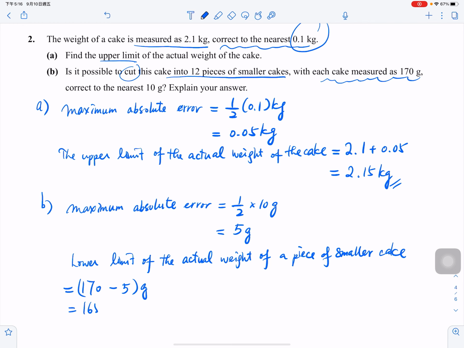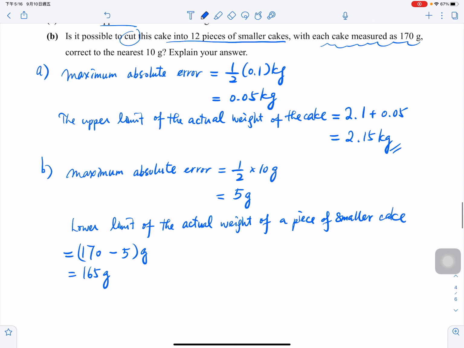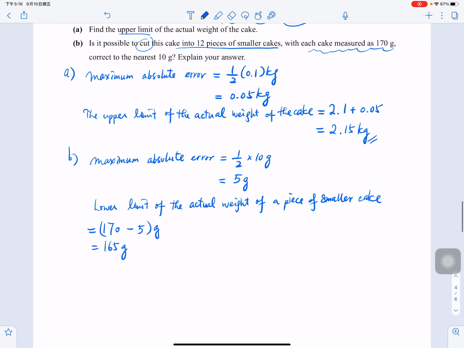So you found that this one is 165 grams. Okay, 165 grams. Then can they cut it into 12 pieces? Let's see. Let n be the number of pieces of smaller cake.